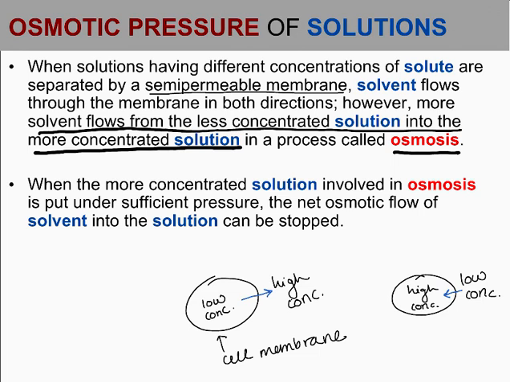All right. Now, there is a way to stop the flow of solvent. When the more concentrated solution involved in osmosis is put under sufficient pressure, then we can stop the flow of solvent. Let's look at another figure to see how this works.